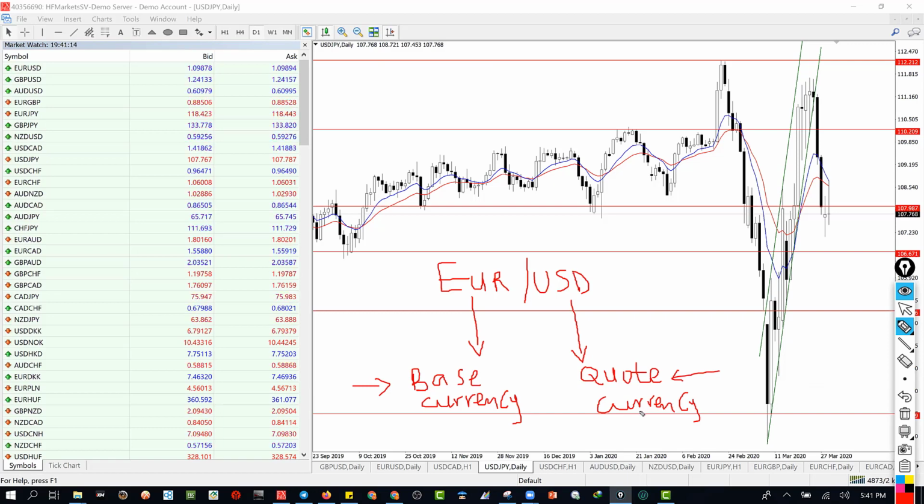So in the forex market, currencies are being traded in pairs. Whenever you are buying a certain currency, indirectly you are selling the other currency. In order to make money in the forex market, you have to sell one currency in exchange for another currency.